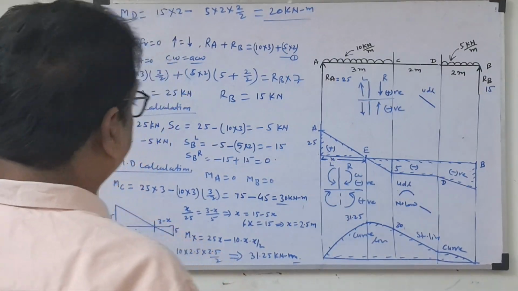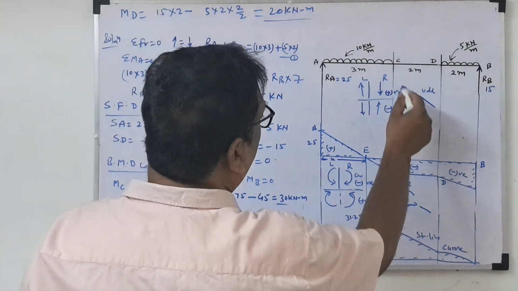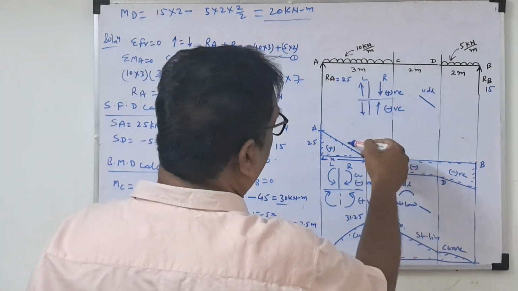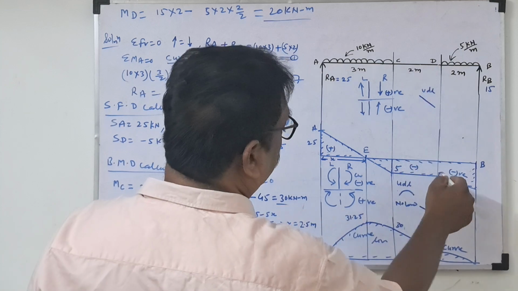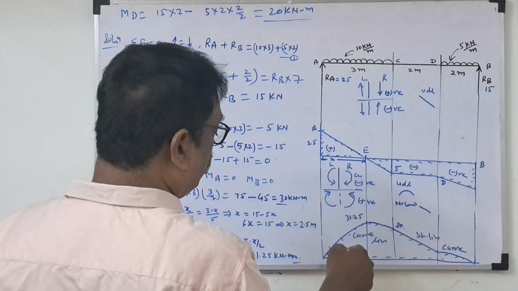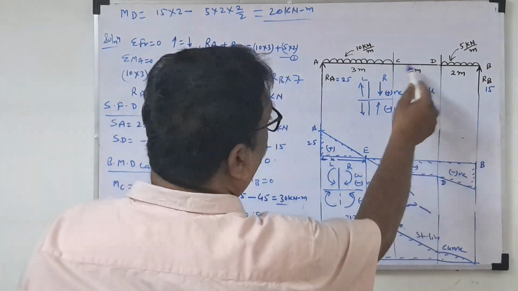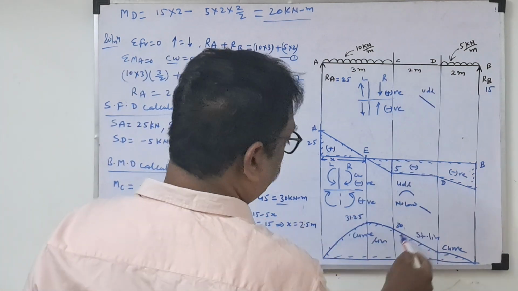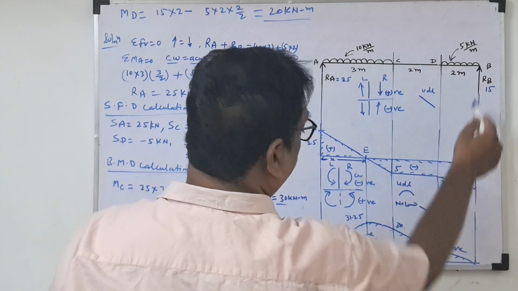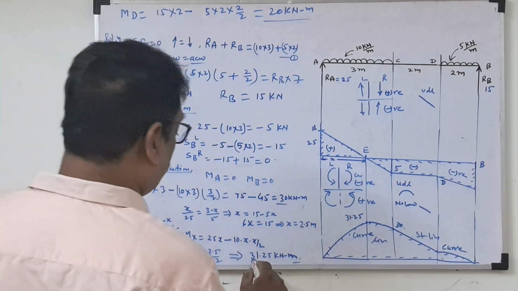So look here, what you have to remember is this sign convention: for no load, inclined line; for UDL, parabola line. This is straight line because there is no load here, and curve line because UDL is there. So this way we can solve the problem.